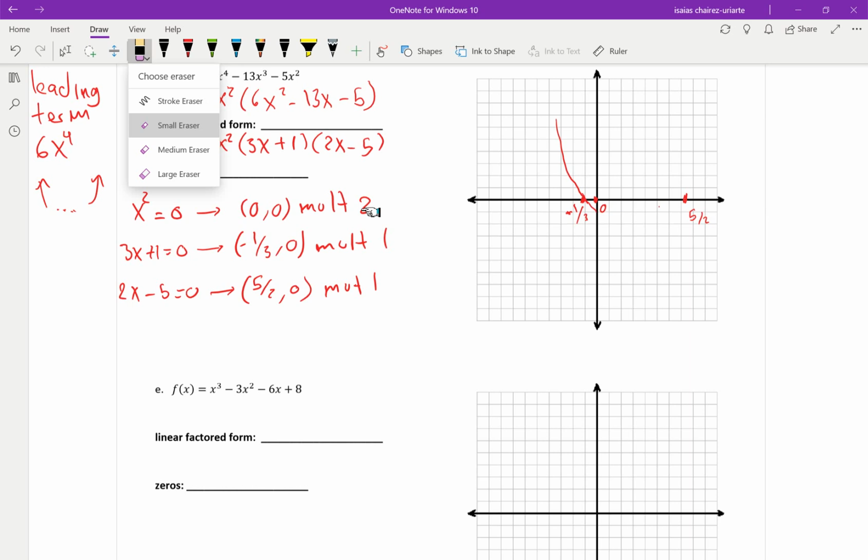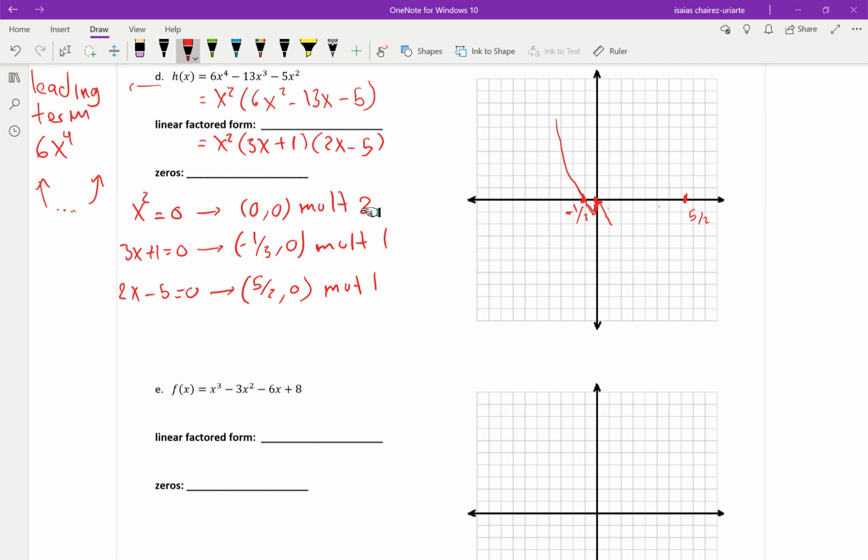Sorry, I bunched it up and it's kind of difficult to sketch, but let me do my best here. So my polynomial goes down. It touches the x-axis at the origin, but then it bounces off.